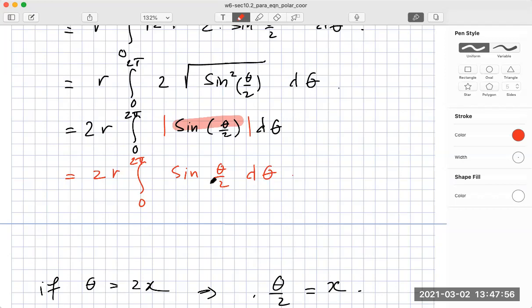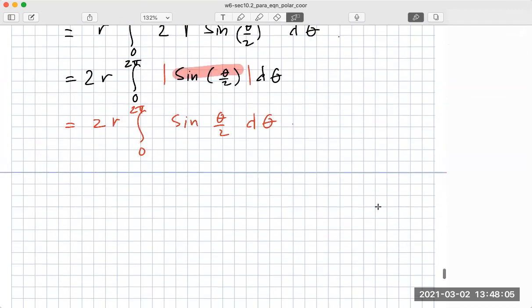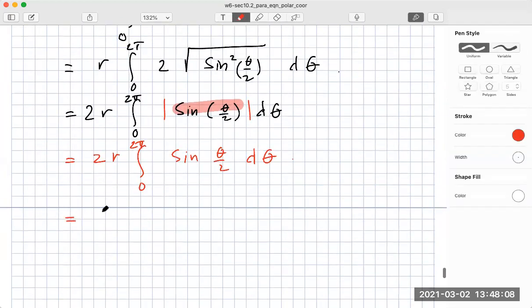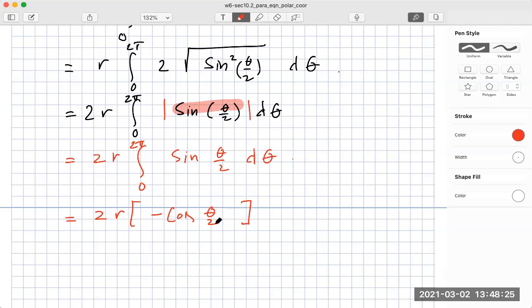Now we do substitution, right? Or because you have done many integrations already, let us quickly write the result. What is the antiderivative of this? Negative cosine, and remember, when we take the derivative, by the chain rule, we need to take the derivative of the inside, so a term 1/2 will appear.